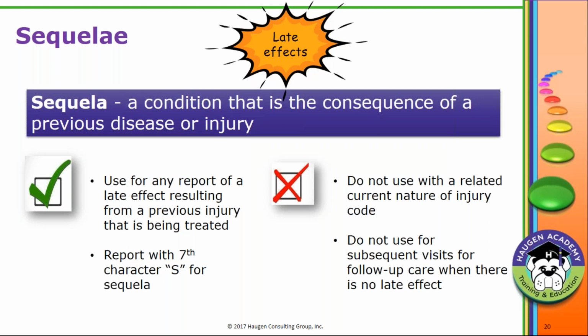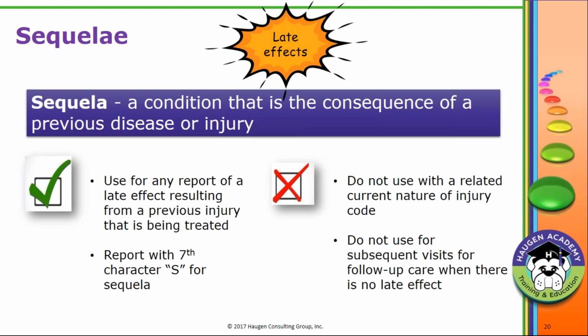Again, we're talking about primary ECI codes here because your place of occurrence, activity, and status codes do not get reported on sequelae. And you do not want to use your sequela codes with a related current nature of an injury, and do not use for subsequent visits for follow-up care when there is no late effect.